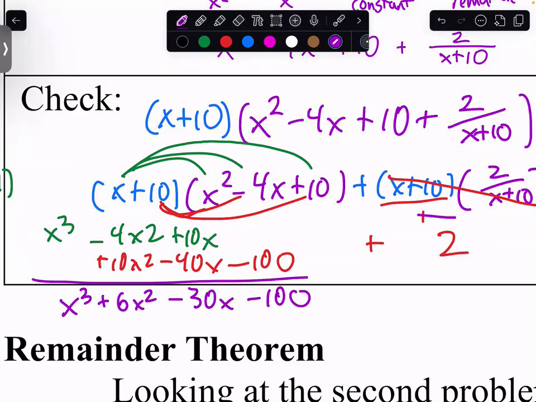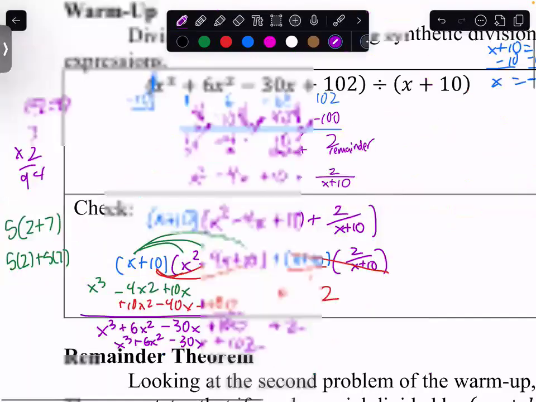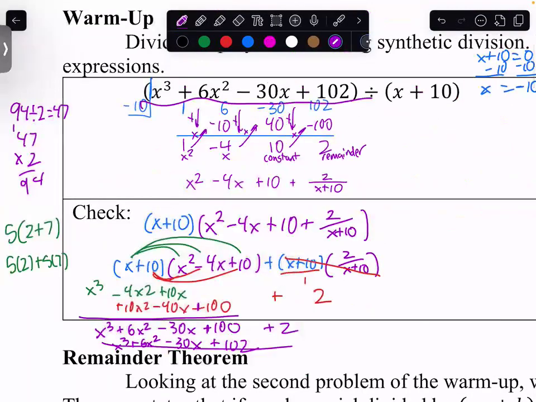And don't forget, you still have this plus 2. Negative 100 plus 2. Sorry, that should be positive 100, my mistake. Positive 100 plus 2 is plus 102. And that does match the initial value, right? So that's how we can check our answer.